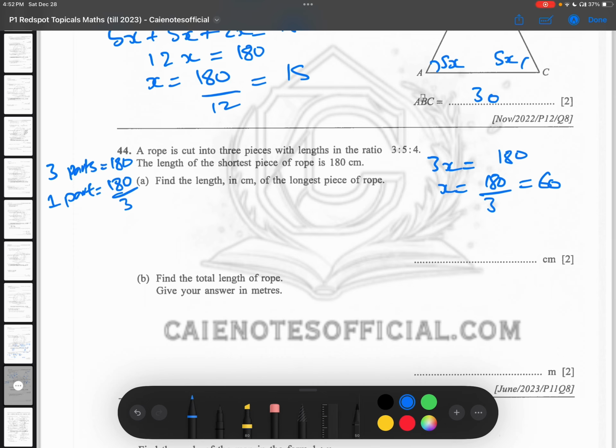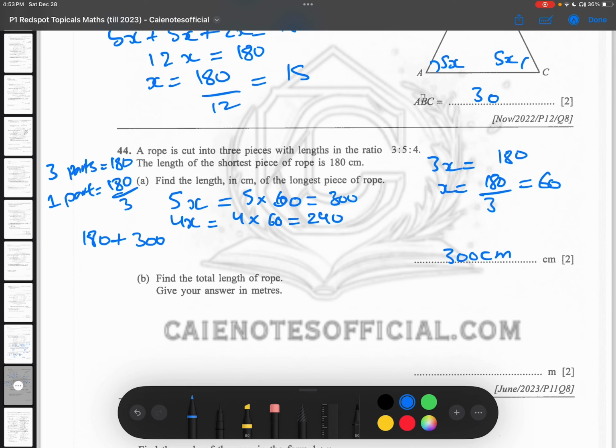We have to find the length now of the longest piece of rope, and that is ratio 5. So the ratio 5 contains 5 parts. So this is basically 5x, and this will be equal to 5 multiplied by 60, which is equal to 300 centimeters. Now it says find the total length of the rope. Okay, so the smallest length is 180, the largest length is 300. To calculate the length of ratio 4, we will multiply 4 with 60.